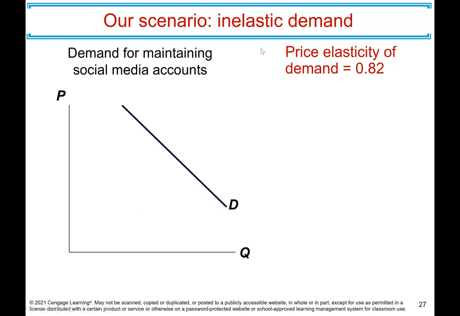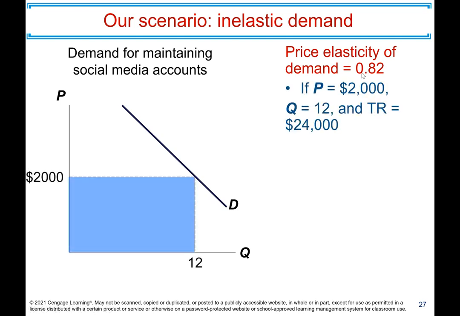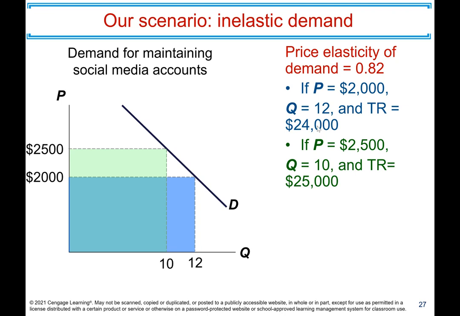What about inelastic demand? If price elasticity is less than 1, in this case 0.82, and if price is 2,000, quantity is 12, total revenue is 24,000, and if price goes to 2,500 and quantity goes to 10, total revenue is 25,000.